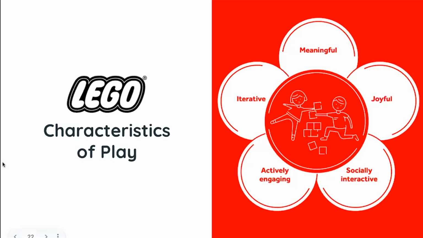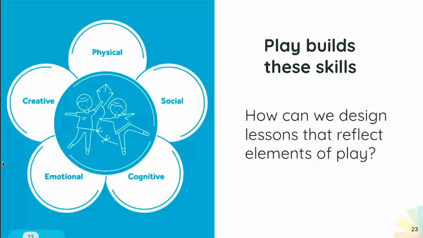So these characteristics of play that Lego has established say that play also builds on skills. And the skills that they build on, obviously play has to be physical and it has to be social. There's got to be some cognitive and emotional, and there's got to be some creativity in it.